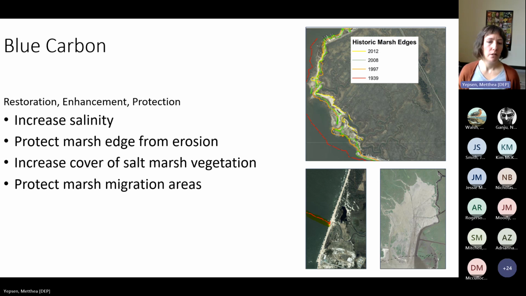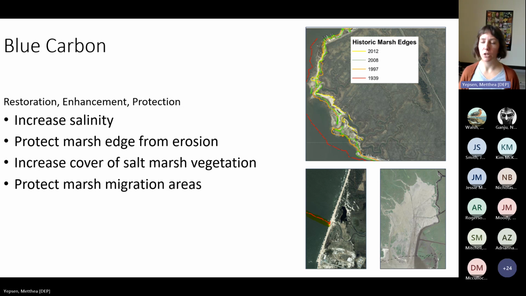Okay, so based on some of the literature reviews and discussions with other scientists, we came up with 4 basic types of blue carbon projects that can reduce greenhouse gas emissions or increase net carbon sequestration. And these projects should be familiar to you because both Joe and Neil were talking about them. So the first is increasing salinity in marshes that have lowered salinity because of impoundments.